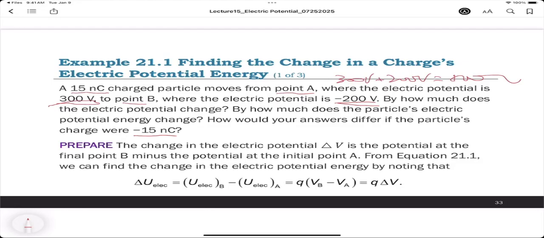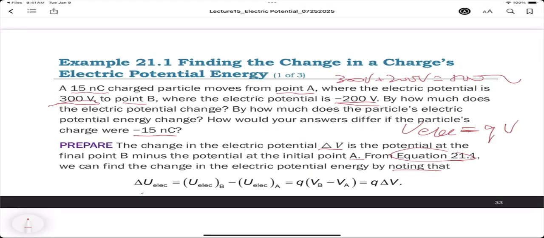The change in electrical potential, delta V, is the potential at the final point B minus the potential at the initial point A. From equation 21.1, we can find the change in the electrical potential energy by noting that this equation is just U electric equals qV.